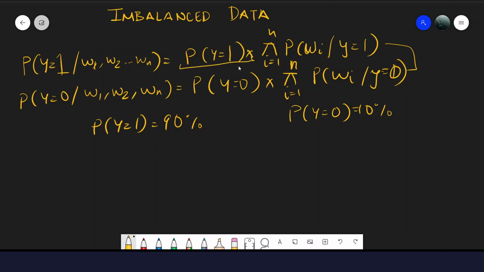This prior value here, because there's so much of class 1 relative to class 0, will tilt the probability in favor of class 1. Because of this imbalance, even when the likelihoods are equal in proportion, the data points will get classified as class 1.